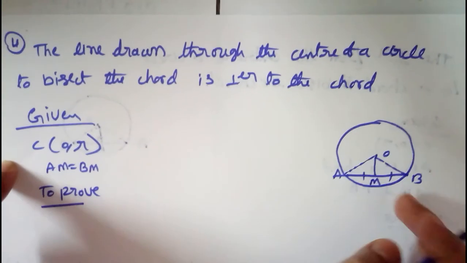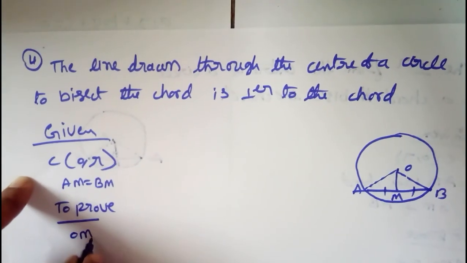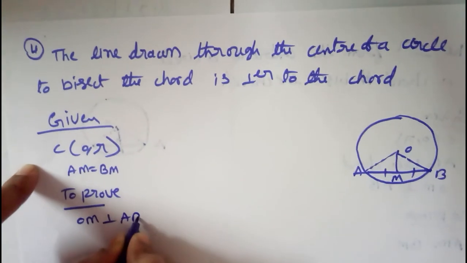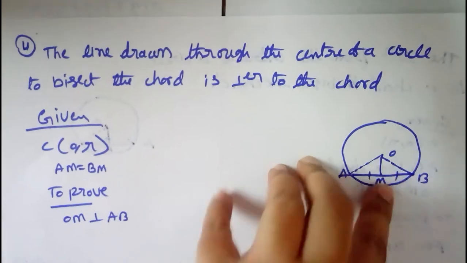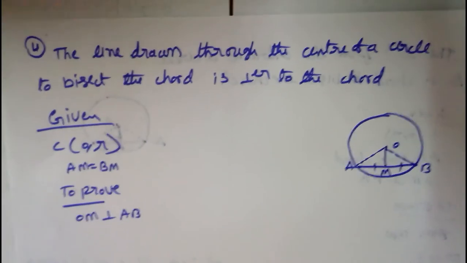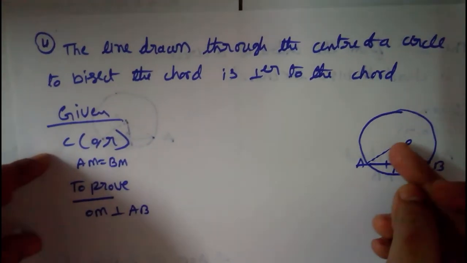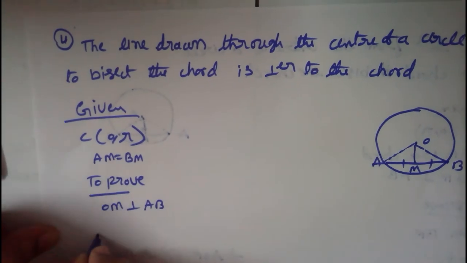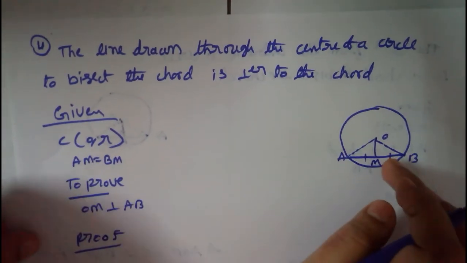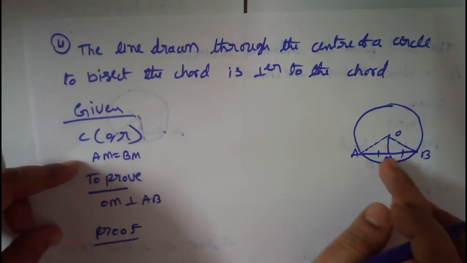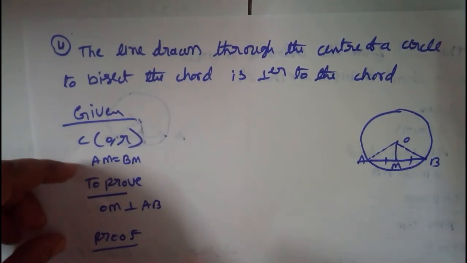OM is perpendicular to AB. That means you have to prove angle OMA and OMB are 90 degrees. Construction: join OA, OB. Now if you prove these two triangles are congruent, then we can prove that this angle is 90 degrees. Then how to prove these two triangles are congruent?